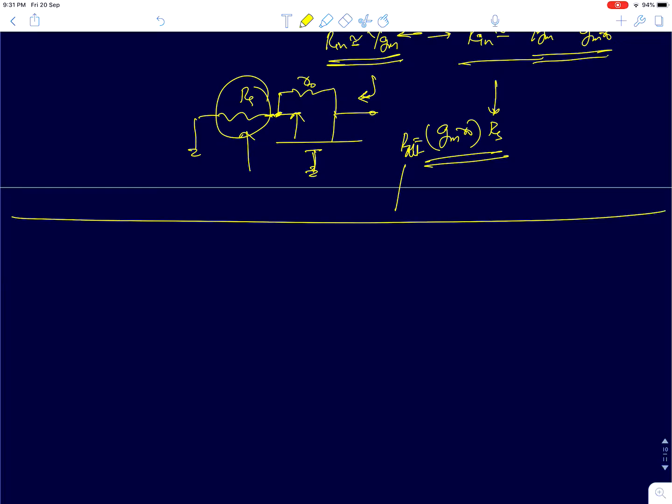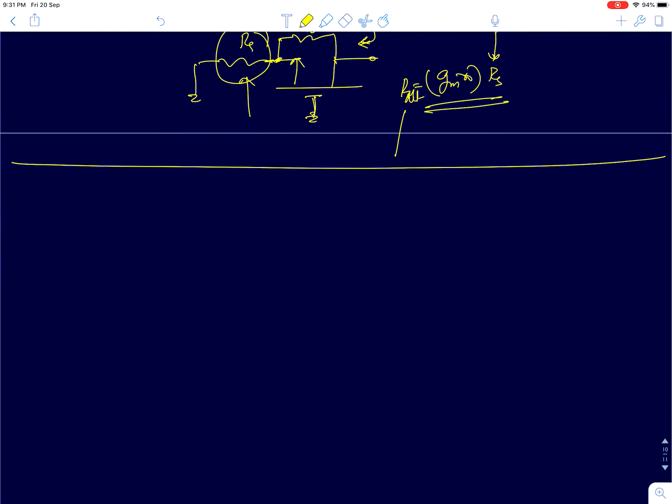So that's all about single stage amplifiers. We have discussed common source. The intrinsic gain was minus A0. So I'll write the intrinsic gain, Rin and Rout.